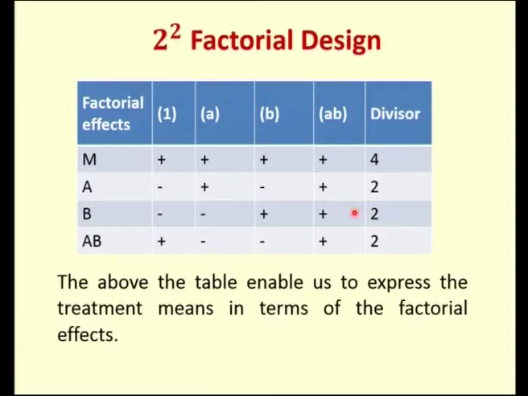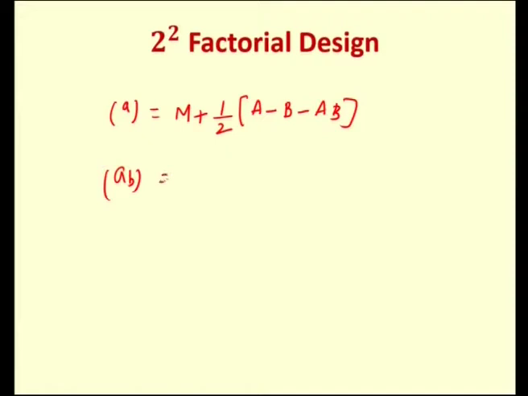For example, from the table we shall get a as m plus half of A minus B minus AB, and ab as m plus half of A plus B plus AB, and so on.